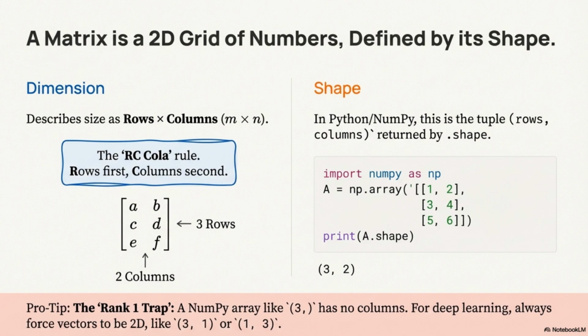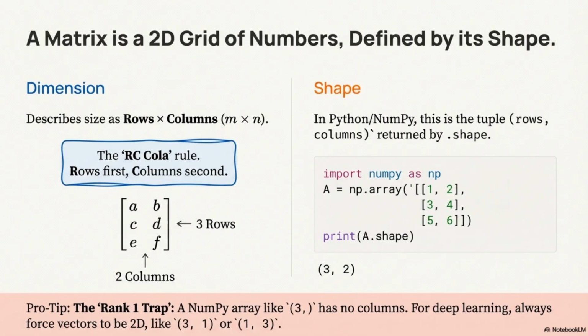A matrix is simply a two-dimensional grid of numbers. You can think of it as several row vectors stacked on top of each other. To describe a matrix, we always say rows by columns. For example, if a matrix has 3 rows and 2 columns, we say it is a 3 by 2 matrix. In code, especially with NumPy, we talk about the matrix shape instead.